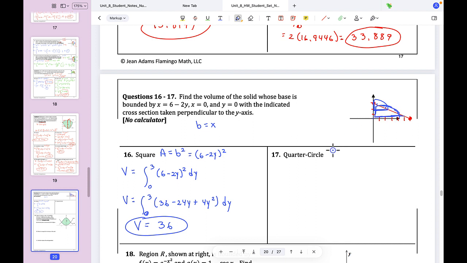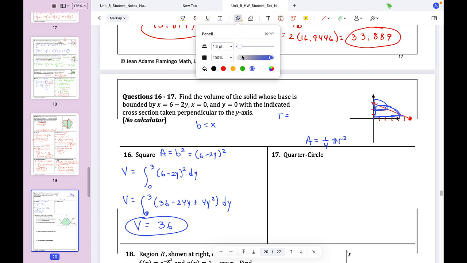The area of a quarter circle would be 1/4 pi r squared. Let's figure out what the r is.